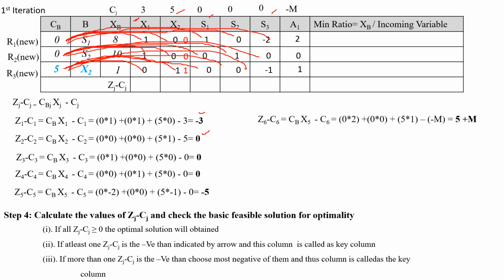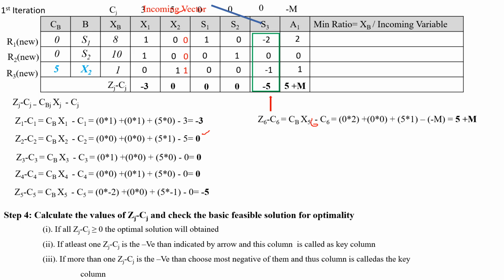Next is Z6 minus C6 for the A1 column: 0 into 2 plus 0 into 0 plus 5 into 1 minus minus M, which equals 5 plus M. So the Zj minus Cj values are minus 3, 0, 0, 0, minus 5, 5 plus M. Among these values, the most negative value is minus 5, which is for the S3 column.